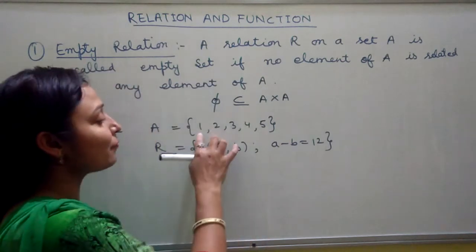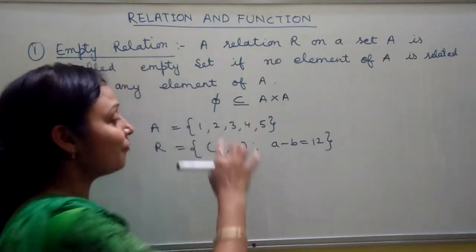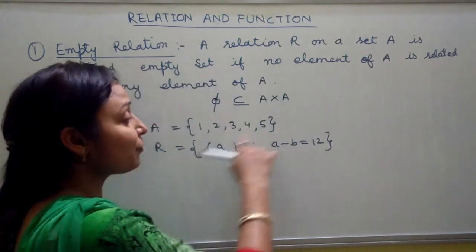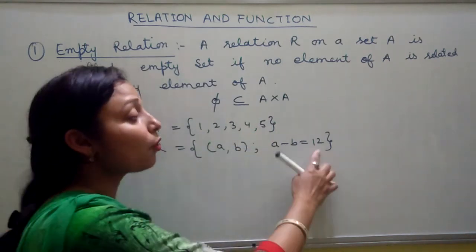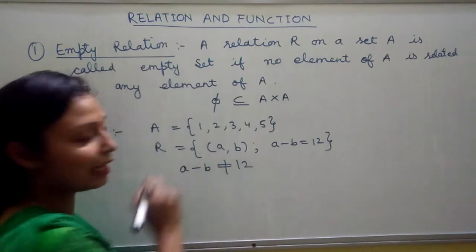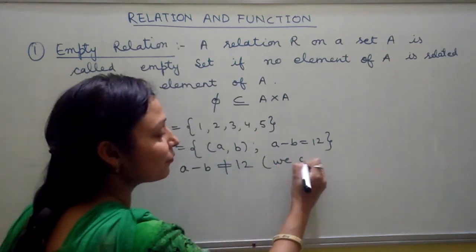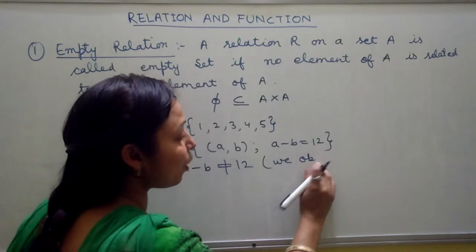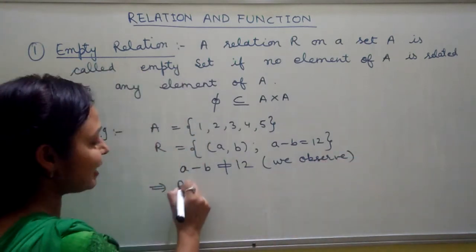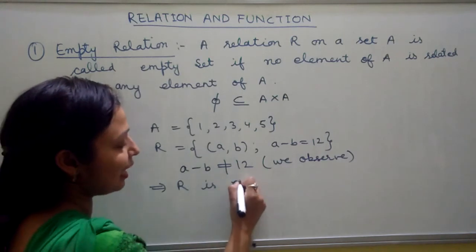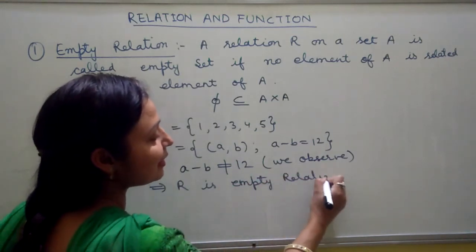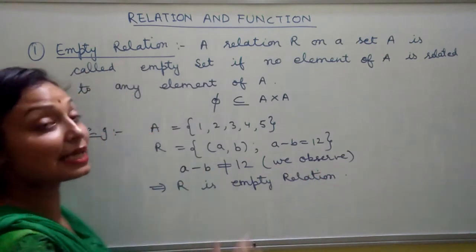No, because when we subtract 1 and 2 we get 1, when we subtract 1 and 3 we get 2, and so on, but never 12. That means a minus b is never equal to 12. That means R is an empty relation. There is not any element in the relation.